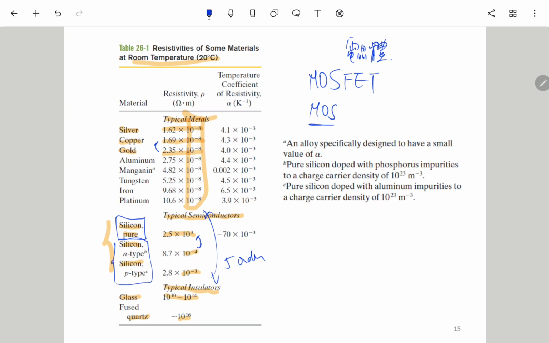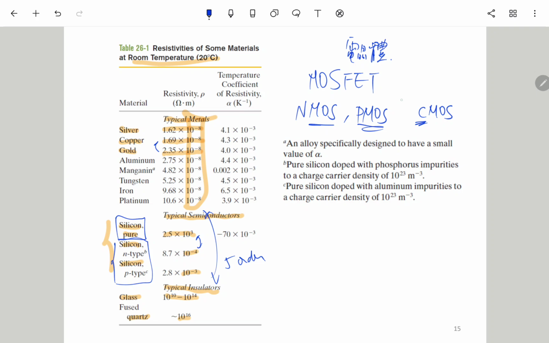The short form is MOS. If it is N-type, we call it NMOS, and if it is P-type, we call it PMOS. If you're familiar with assembling computers, you may have seen something called CMOS. CMOS means complementary metal oxide semiconductor.